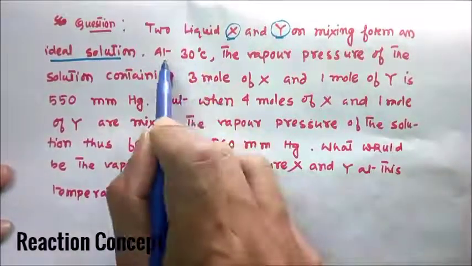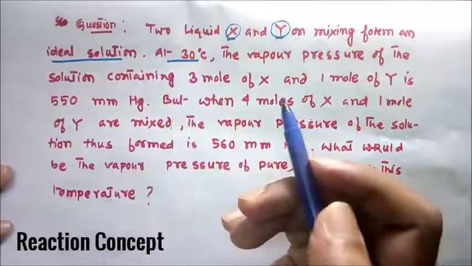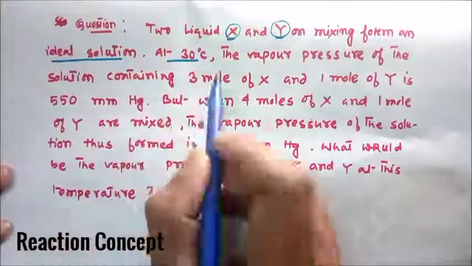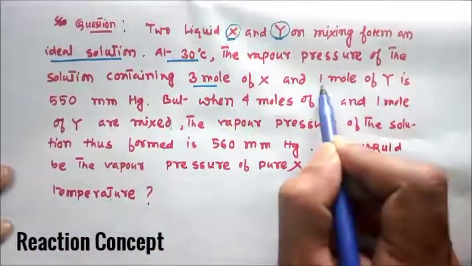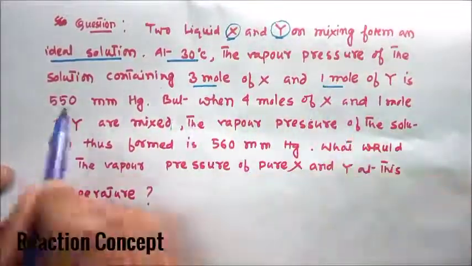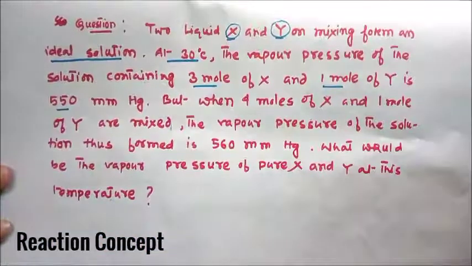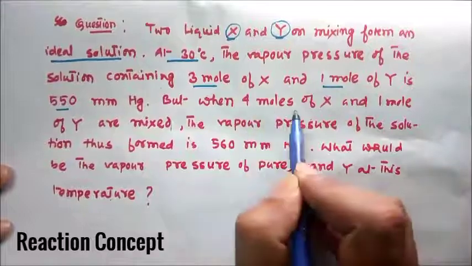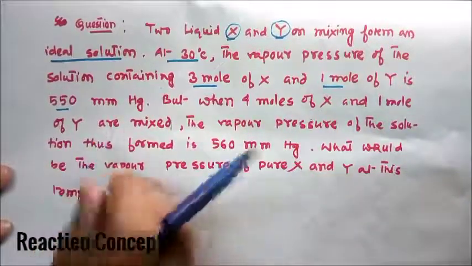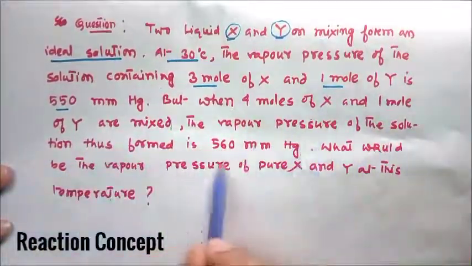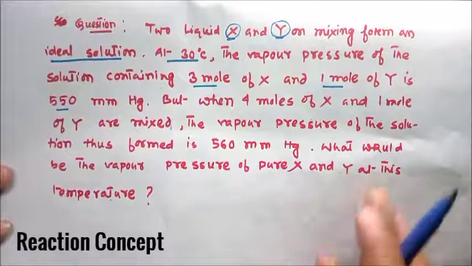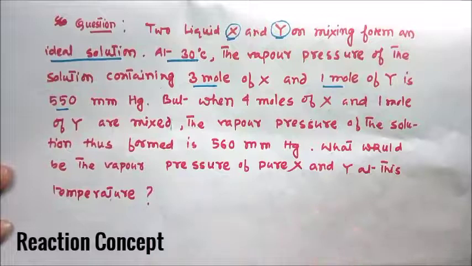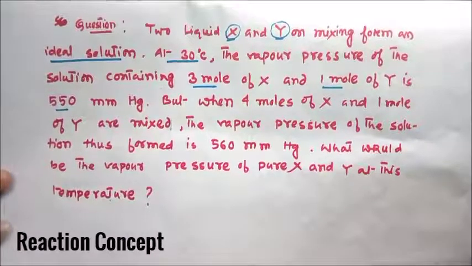They said that at the temperature of 30 degrees Celsius, the vapor pressure of the solution containing 3 mole of X and 1 mole of Y is 550 mm mercury. But when 4 mole of X and 1 mole of Y are mixed, the vapor pressure becomes 560 mm. What would be the vapor pressure of X and Y in their pure state? That is asked in the question.